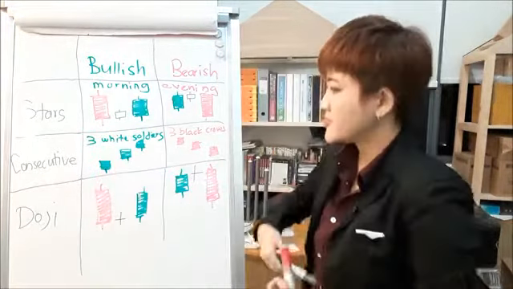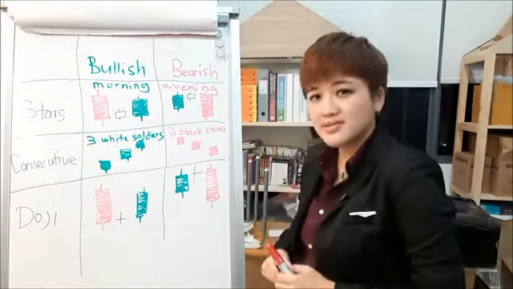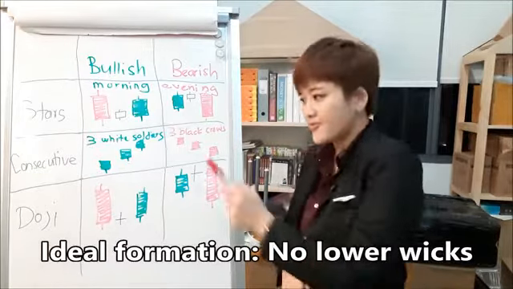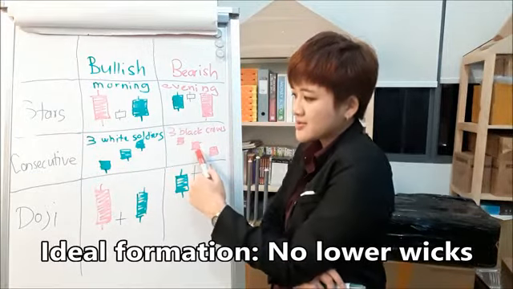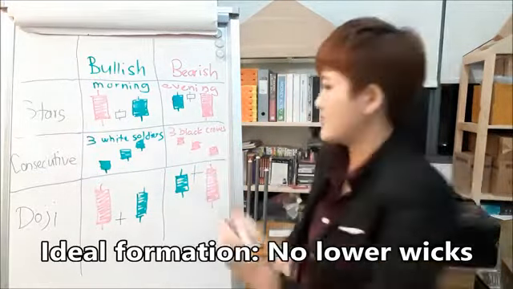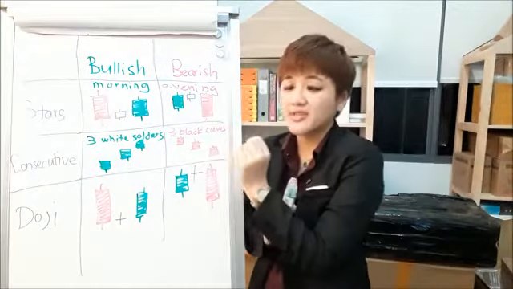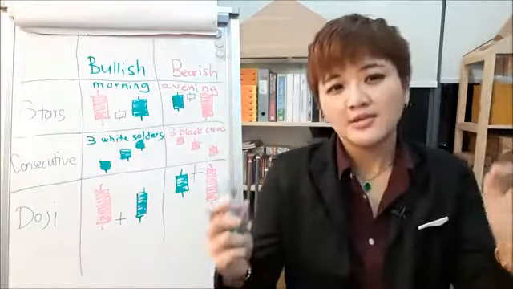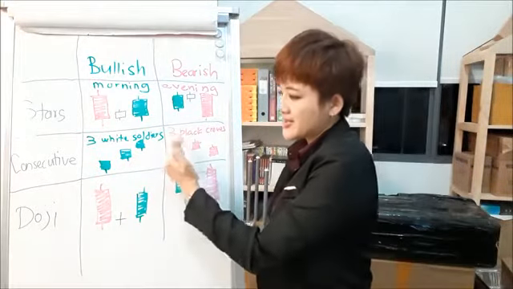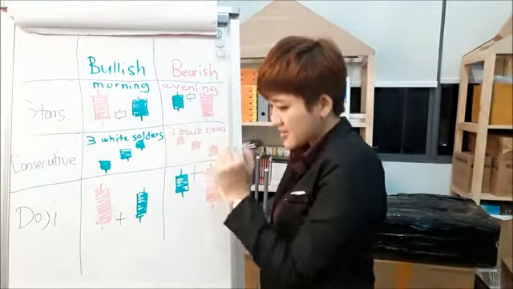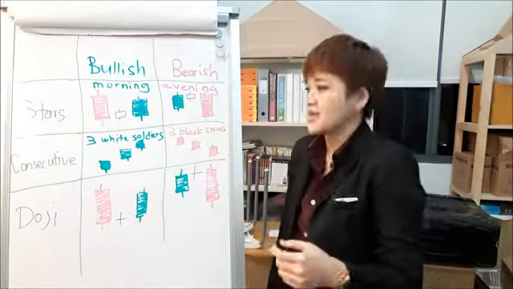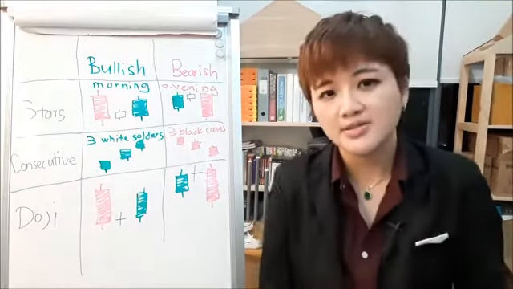Then for three black crows, the ideal pattern is if it doesn't have lower wicks. It is okay to have upper wicks. But with that said, even if it has lower wicks, because there are three bearish candlesticks consecutively, it can still be a bearish signal.